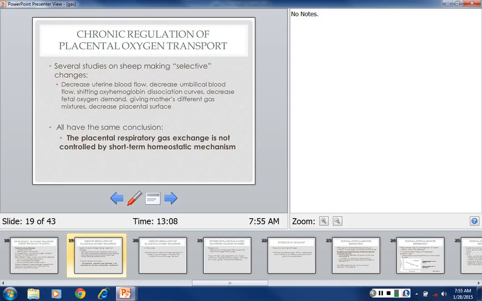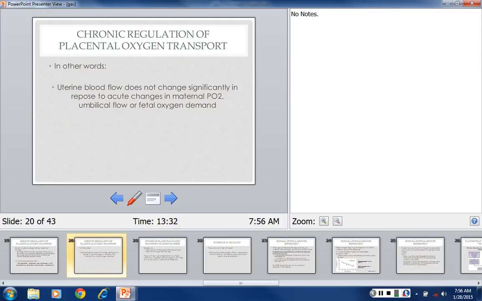And no matter what, the placental respiratory gas exchange is not controlled by short-term homeostatic mechanisms. So none of these short-term changes made a difference on the homeostatic mechanism. So the placenta is pretty sturdy. You can do a lot of things, and the placenta will still function as best it can until that critical level is reached.